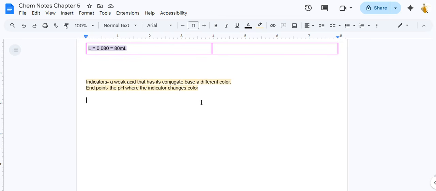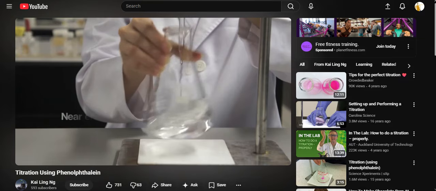Let's just call it pheno. It's the indicator we use for the titration lab.